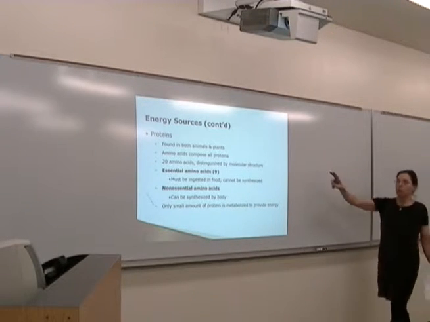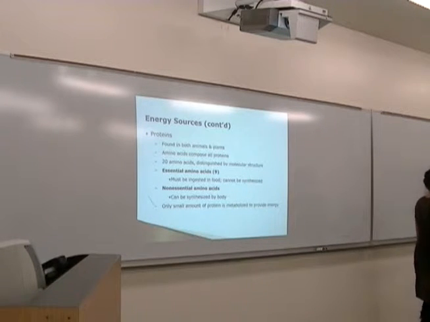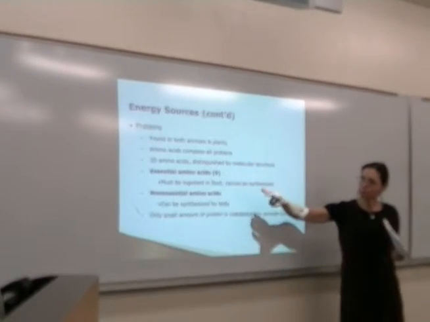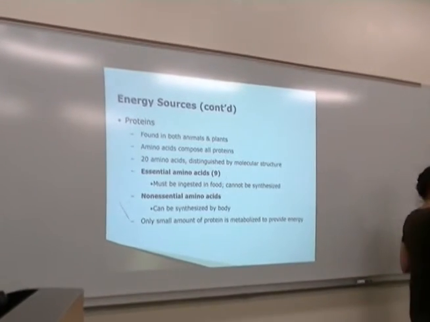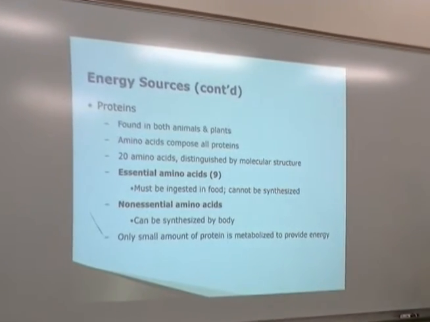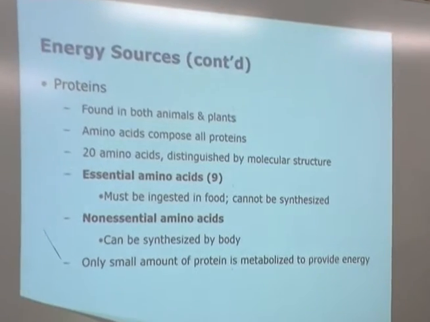Right? So, proteins are made of amino acids. Hopefully, if you've done your biology stuff, this is all just review. Right? Proteins are made of amino acids. Amino acids can be divided into two subcategories. The first one is our essential amino acids. That means that we can't make them for ourselves.